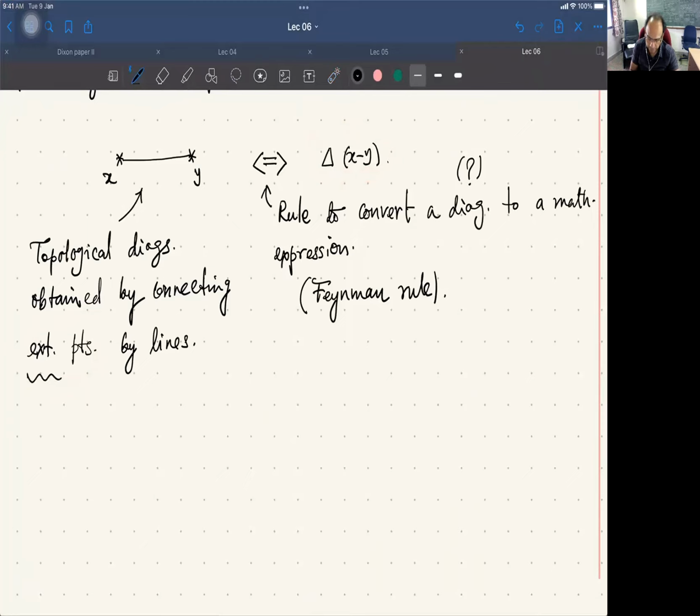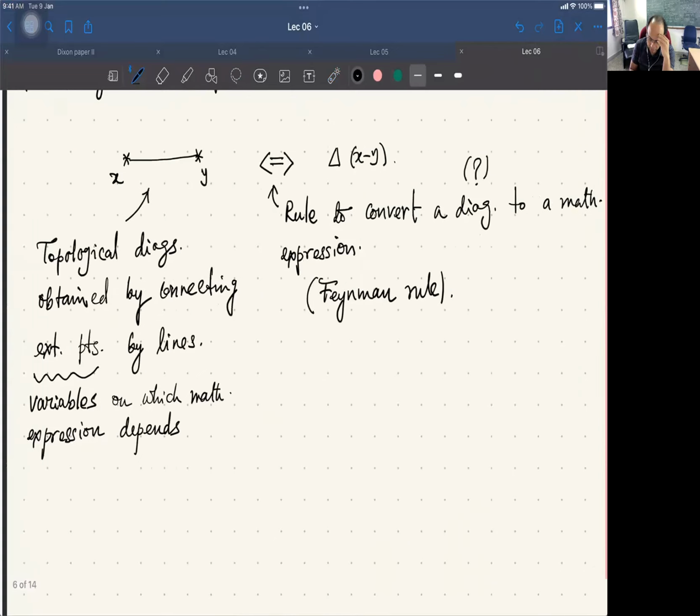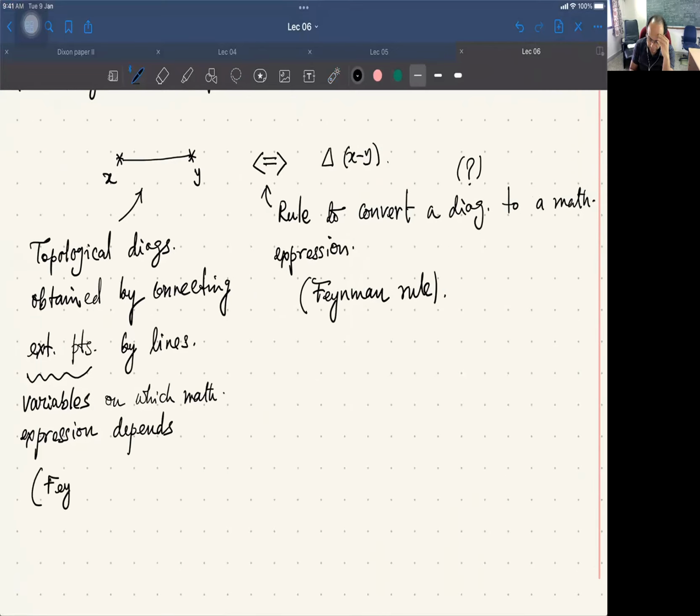So these are the variables on which the math expression depends. And these types of diagrams are called Feynman diagrams.